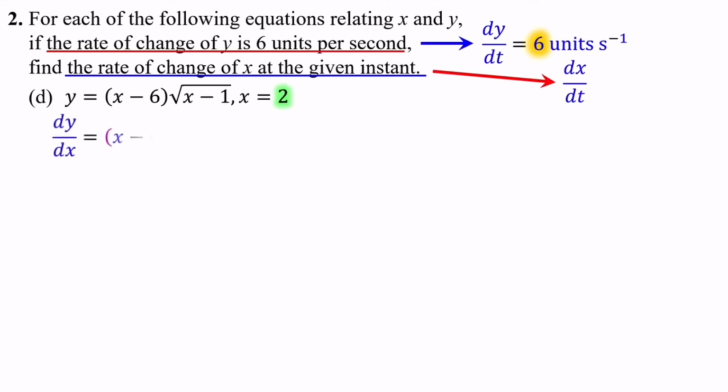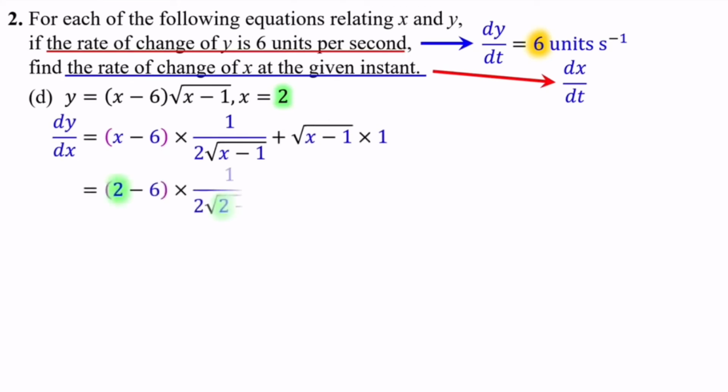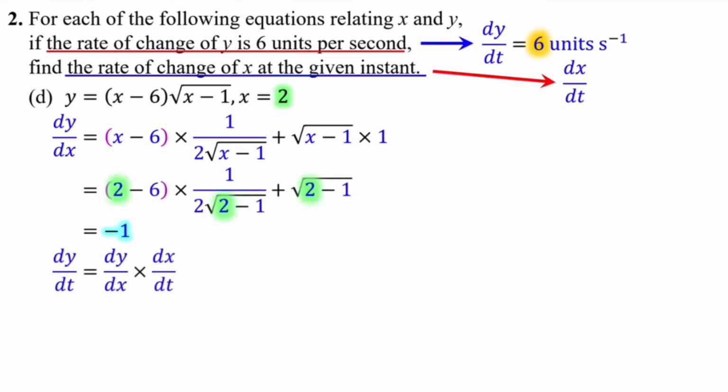So let's differentiate y: x minus 6 times 1 over 2 square root of x minus 1, plus square root of x minus 1 times 1. So we will substitute the x value 2 into there. We don't want to waste time to simplify. So dy/dx is negative 1, and then we use the chain rule, dy/dt equal to dy/dx times dx/dt.